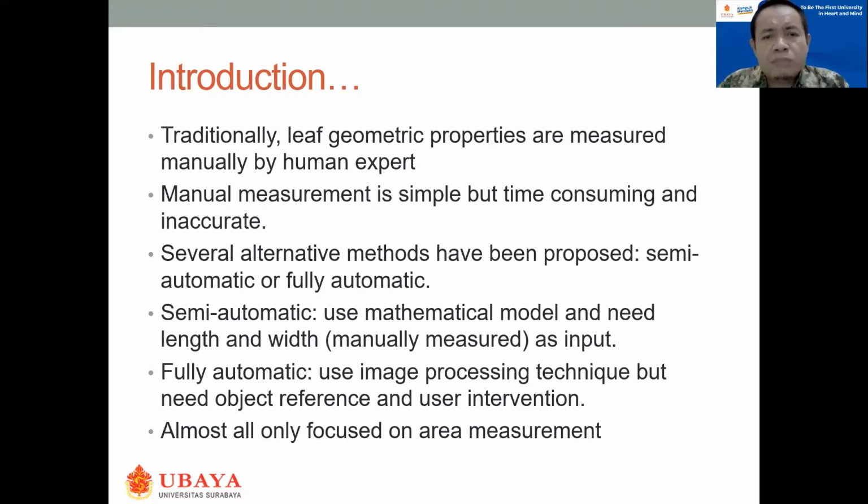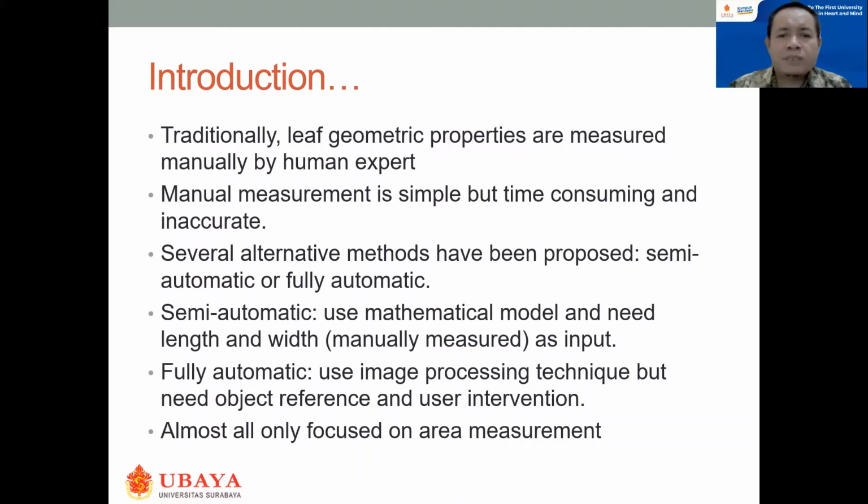The manual measurement is simple process, but time consuming, and sometimes the result is inaccurate. Several alternative methods have been proposed by several researchers in the previous research. Some of them use a semi-automatic system, and the others use a fully automatic system.